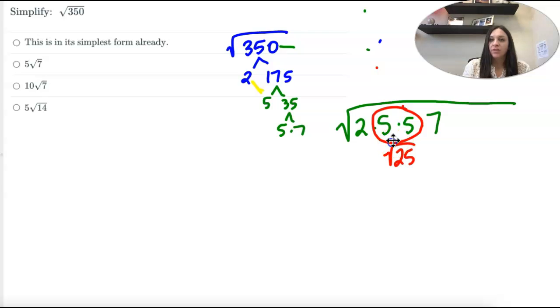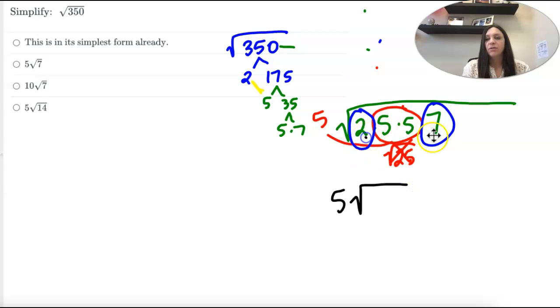So there's no more square root. I just have 5, and I bring that out as 1. Okay, and you have to have a pair of numbers to do that. So the 2 and the 7, they're stuck. They don't have a pair. I brought out a 5, and then underneath the square root, I still have a 2 times 7, which is 14.